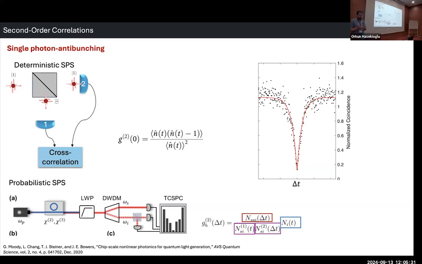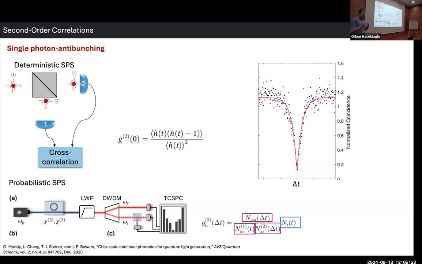For example, to see this anti-bunching effect, you need to take the photon detection events from the signal as a trigger, or gate, and check the Hanbury Brown-Twiss correlation with the idler information. Then you can see this. Otherwise, you cannot observe this effect.